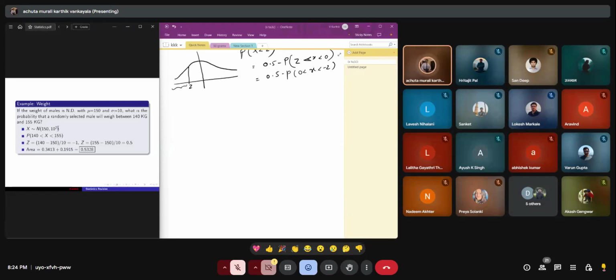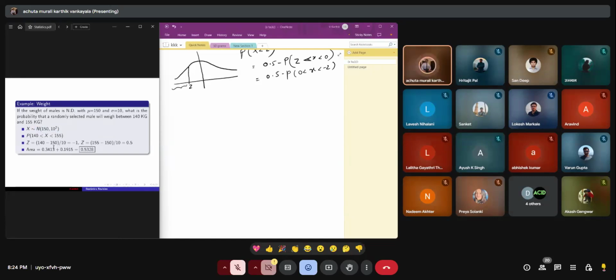We are given that this is normally distributed with mu and sigma square. Sigma square is the variance. So whenever you say the parameters as mu and sigma square, you calculate the z scores.